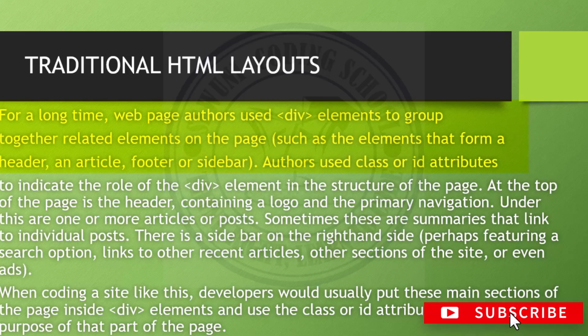What we do is we put a lot of IDs and a lot of classes. So we give a lot of class names and a lot of ID attributes so that you'll be able to style them together. So you see a lot of divs. The divs actually describe the structure of the page.